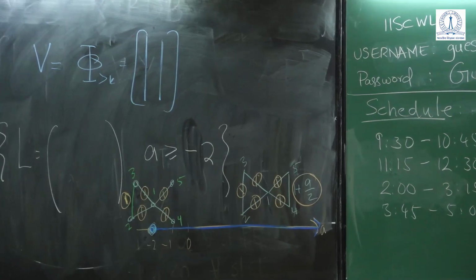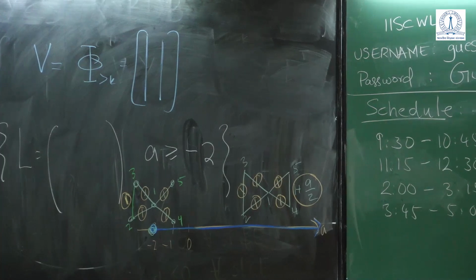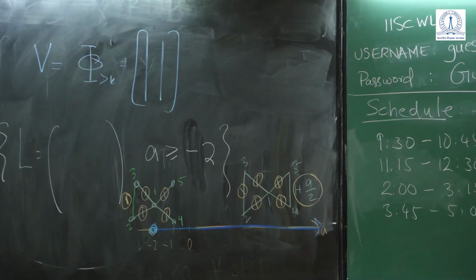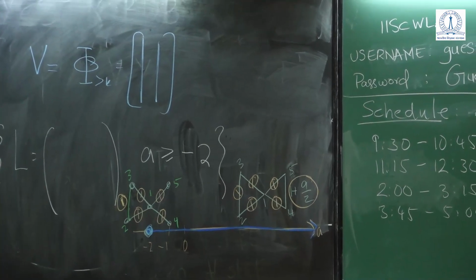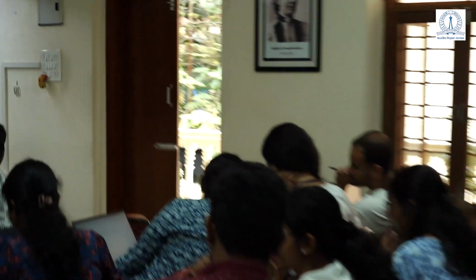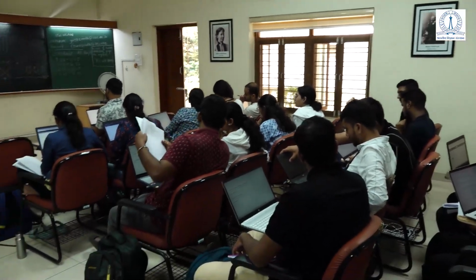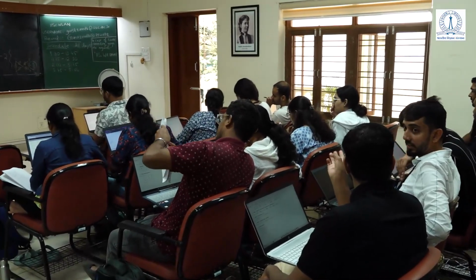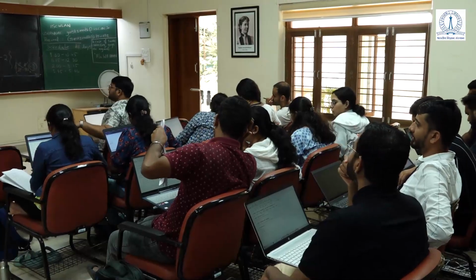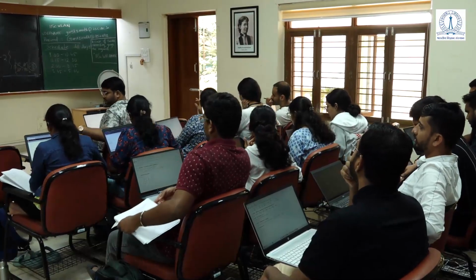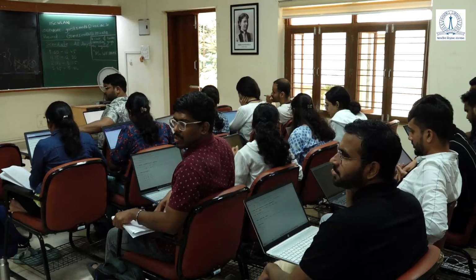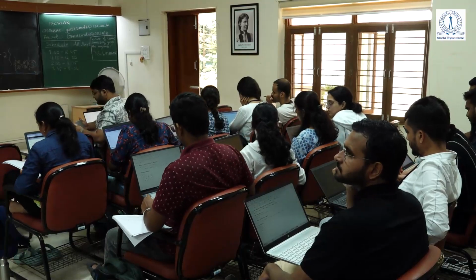That's the weight of that edge. So minus 1 minus A over 2 has to be less or equal to 0. That means 1 plus A over 2 is greater equal to 0, so A over 2 is greater equal to minus 1, A is greater equal to minus 2. So the full range is from minus 2 to infinity, the value of A. But at minus 2 itself, it'll completely lose the edge 4, 5.